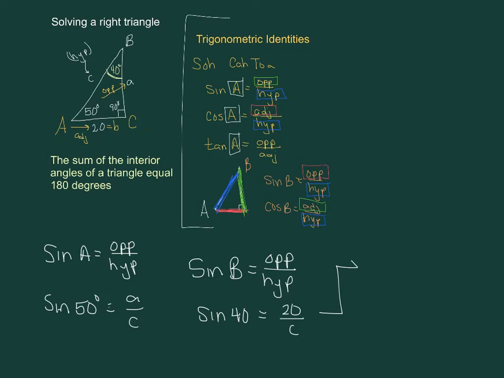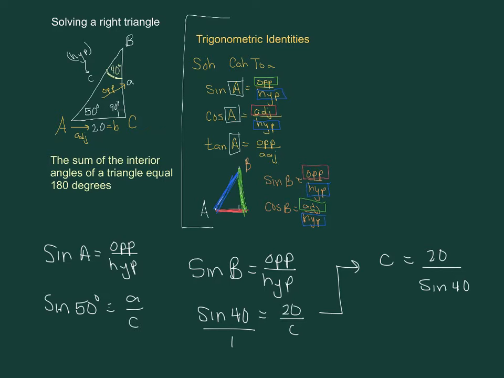Because C and sine of 40 sit on opposite sides of a fraction, one in the numerator and one in the denominator, we're just going to have them trade places. So we get C equals 20 over sine of 40. There's a reason for that, but I'm not going to go into it right now.